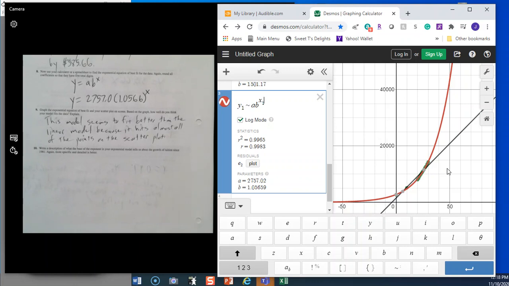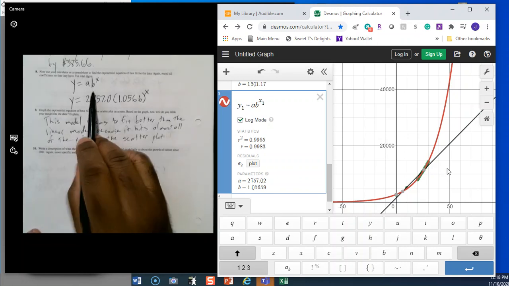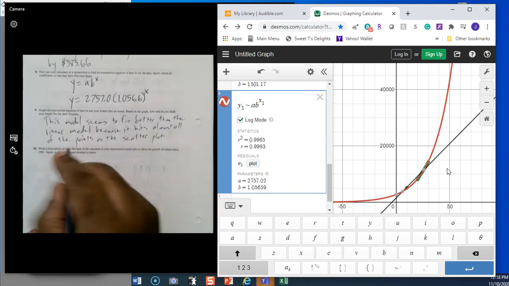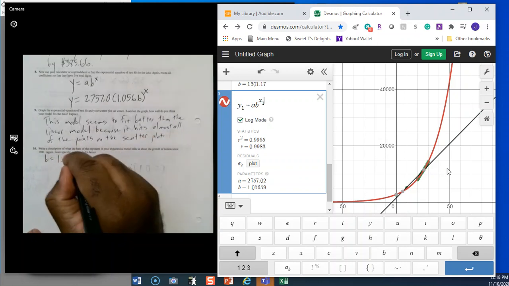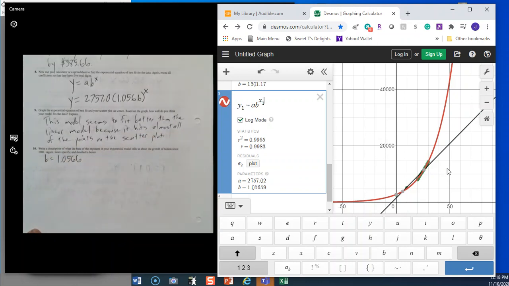Okay, problem number 10. It says, write a description of what the base of the exponent in your exponential model tells us about the growth of tuition since 1981. Again, more specific and detailed is better. Okay, now, one thing I want to tell you is this here. B is our growth factor. So first, let's just put B is equal to 1.0566.